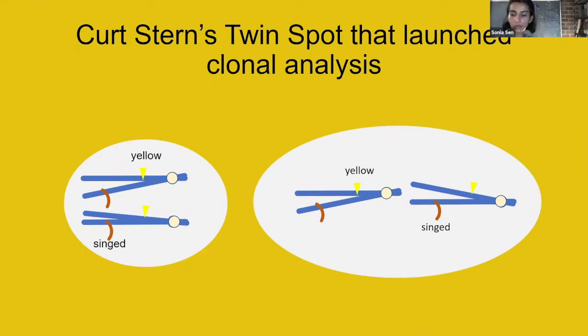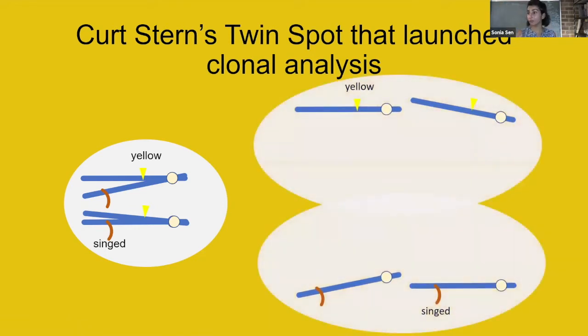In this event, those microtubules that have hooked on to this centromere are going to pull these two chromatids apart, and what you're going to end up with are two cells from that one parent cell, where one of those cells is mutant for both the loci for yellow, and in the other daughter cell, both the loci for singed are mutant now.